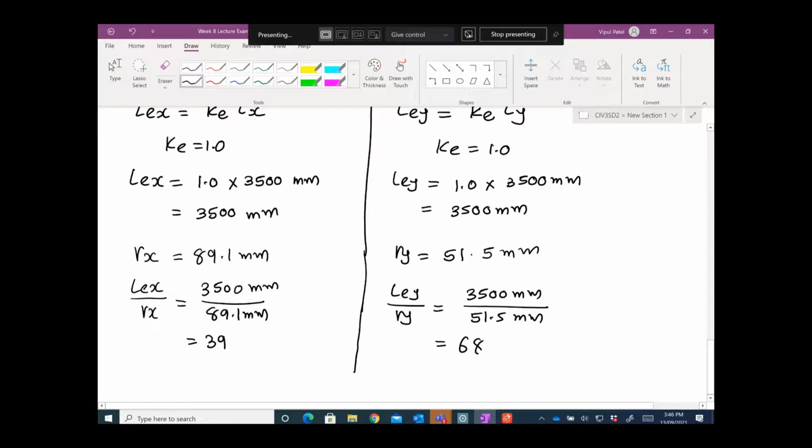Now look at these two numbers. What are these two numbers telling me? This is very important, please. It will tell me whether my column will buckle about the x-axis or about the y-axis.